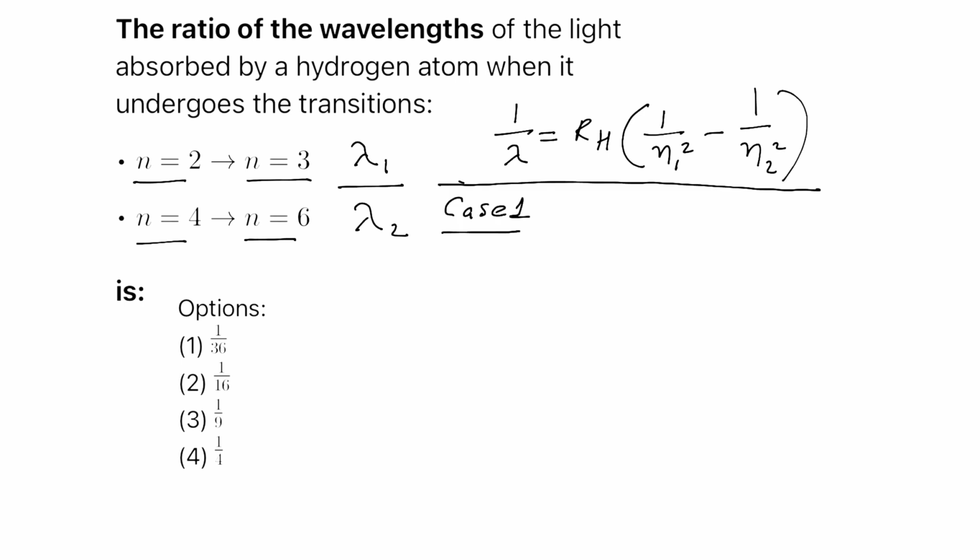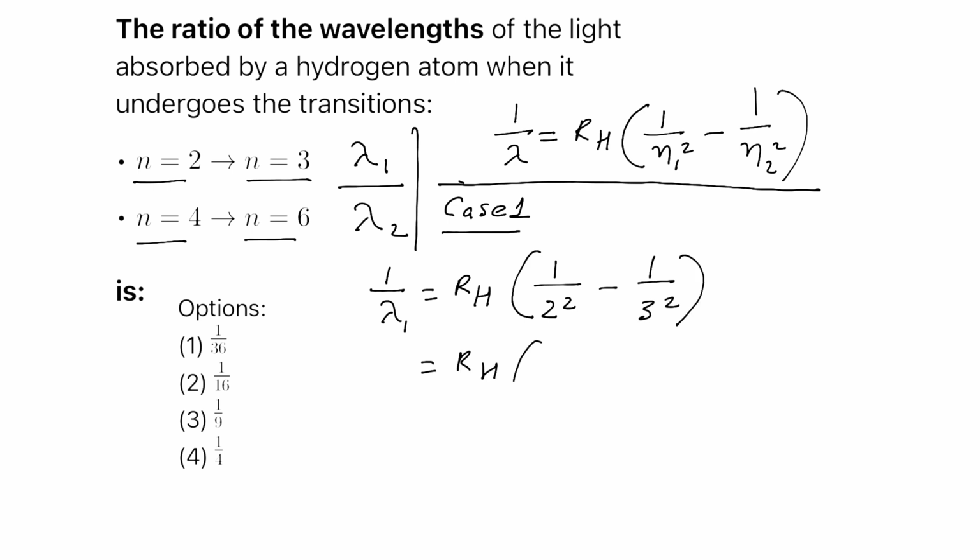We can do the mathematical part. 1 by lambda 1 is equal to RH into 1 by 2 square minus 1 by 3 square, right? Now, try to minimize a step. RH into 9 minus 4 by 4 into 9, you can write 4 into 9. Now RH into 5 by 36.